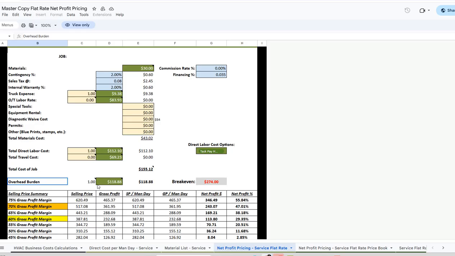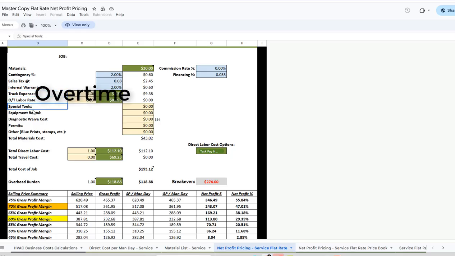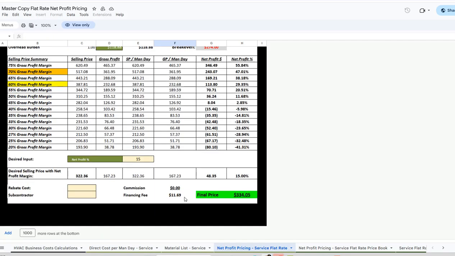The overhead is actually broken out, but all the COGS, which is all of this stuff, includes your materials cost, sales tax, a little bit of contingency and warranty, your truck expense, any special tools, equipment rentals, and permits. If you waive your diagnostic fee, you can build some of your labor back in as an option. And these other things like commission rate and financing fall into a similar category.